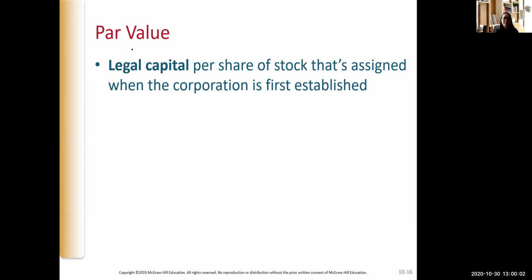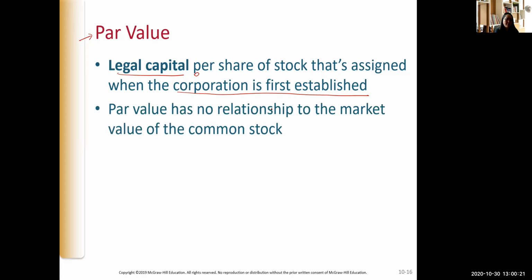And then when we talk about issued stock, we have to understand what the par value of the stock is. Par value is the legal capital per share of the stock that is assigned when the corporation is first established. Par value originally indicated the real value of a company's share of stock. Today, par value actually has no relationship to the market value of common stock, right?